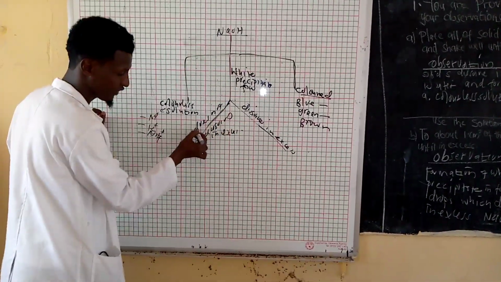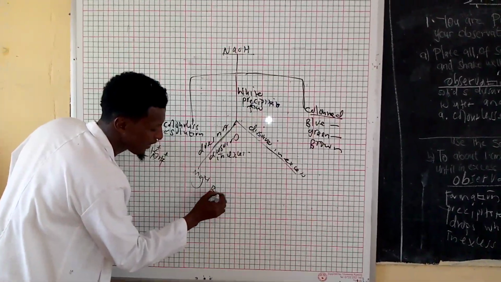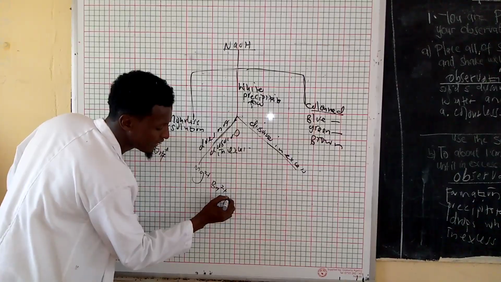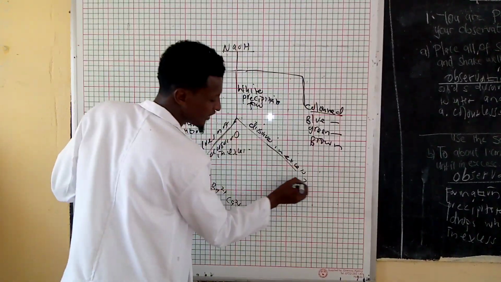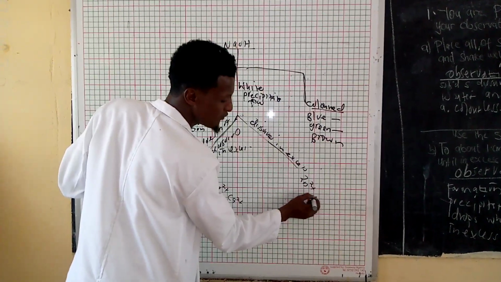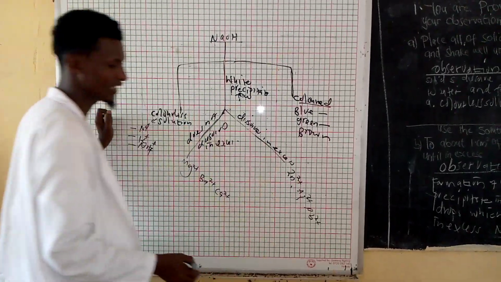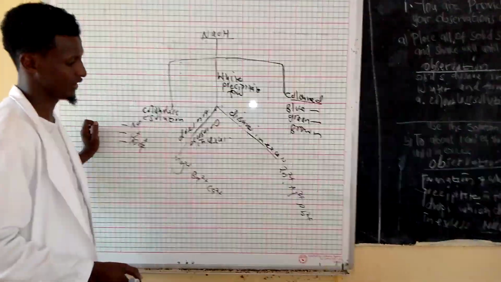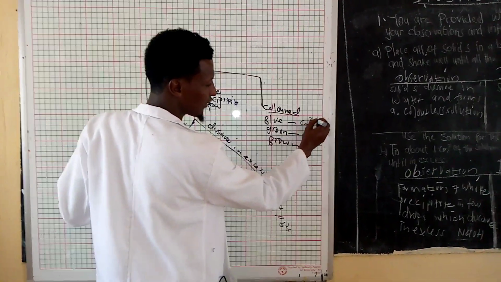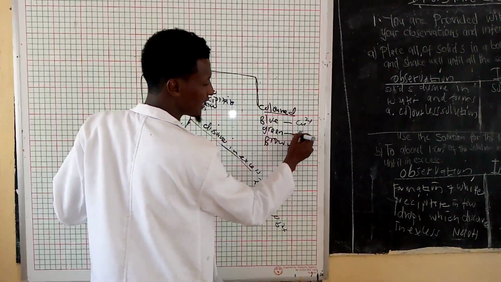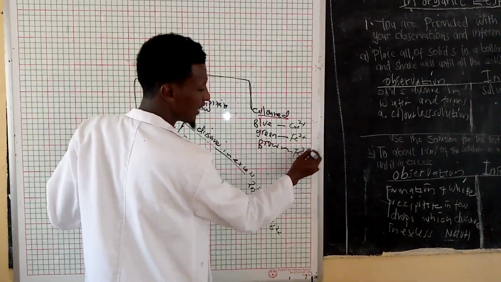If the white precipitate does not dissolve, that is magnesium ion, barium ion, and calcium ion. So these three. If it dissolves, that is zinc ion, aluminum ion, and lead ion. That is now the inference. If it is blue, that is copper ion. If it is green, that is iron 2 ion. If it is brown, that is iron 3 ion.